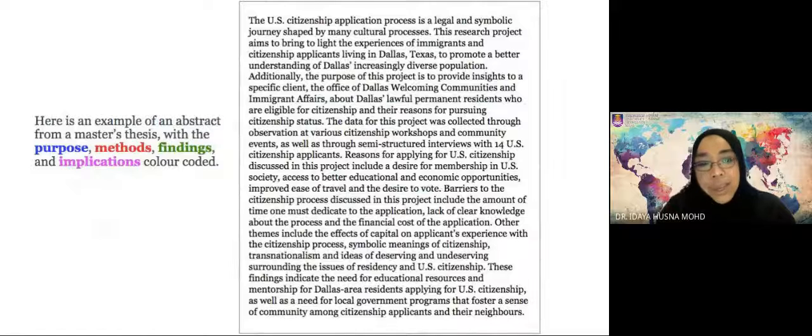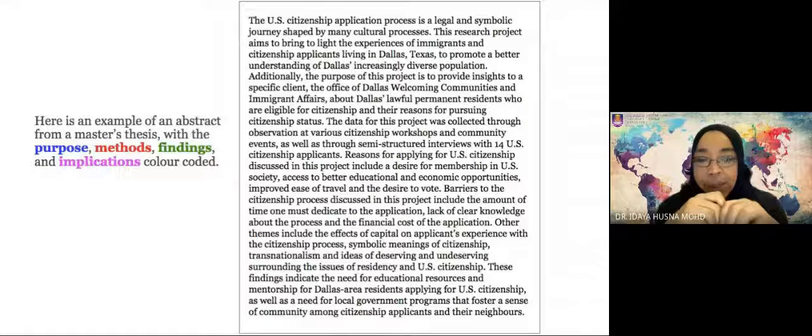All right. So here's an example of an abstract from a master's thesis. Remember our four things just now: purpose, method, findings, and implication. I have color coded it into blue, red, green, and also pink.